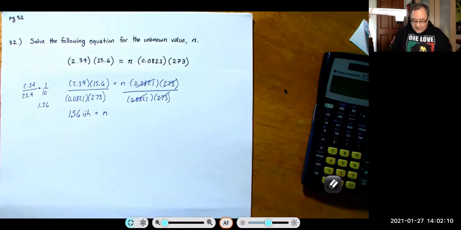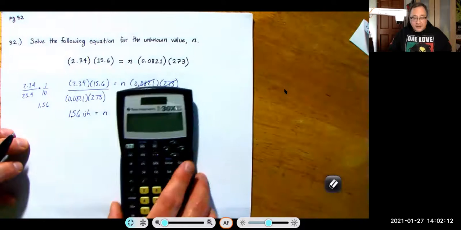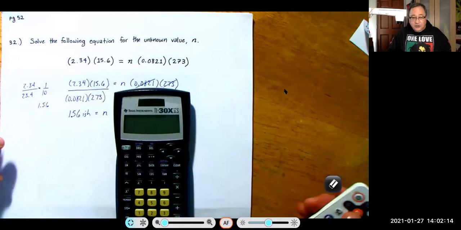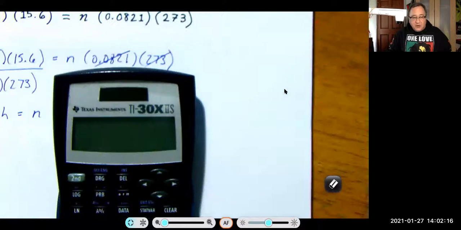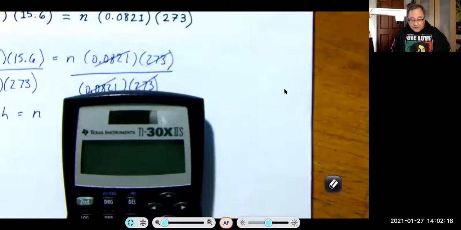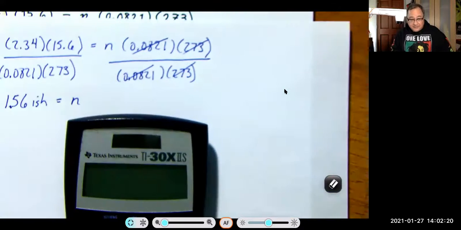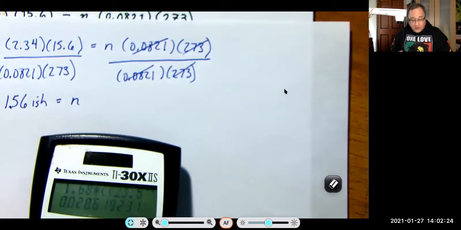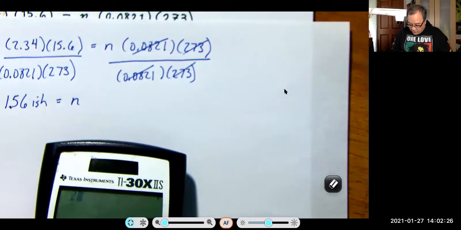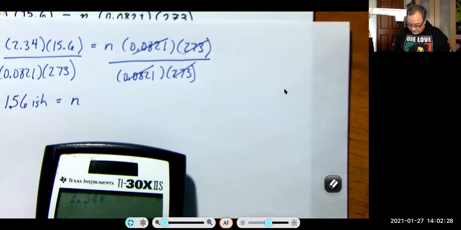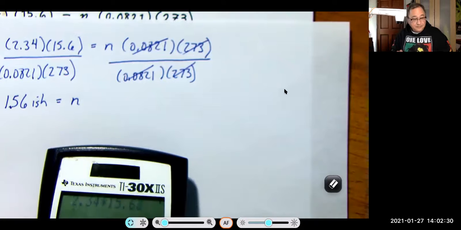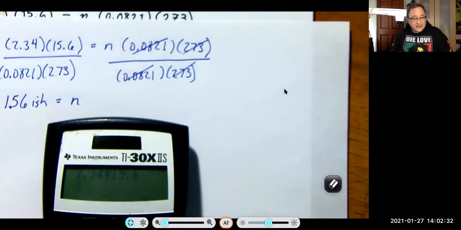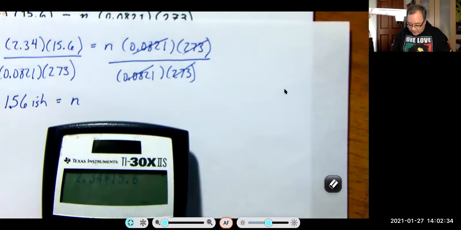That's it. Now I'm going to zoom in on my calculator and I'm going to show you the quickest way to put these numbers into your calculator and get the correct answer. So what you're going to do is you're going to write 2.34 times 15.6. And then you can see I need to divide by 0.0821.